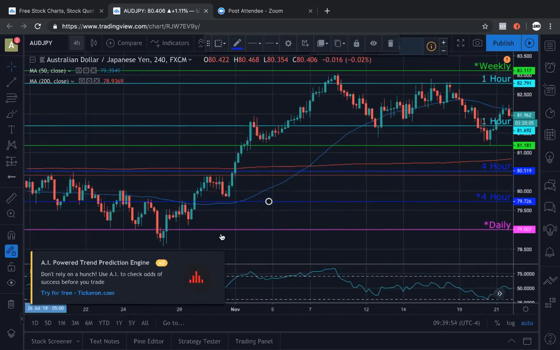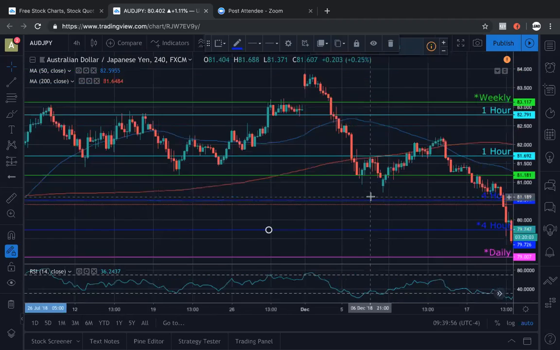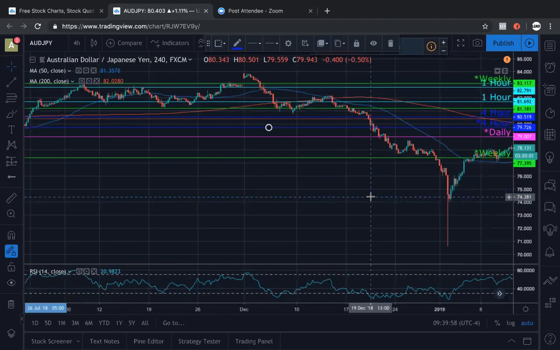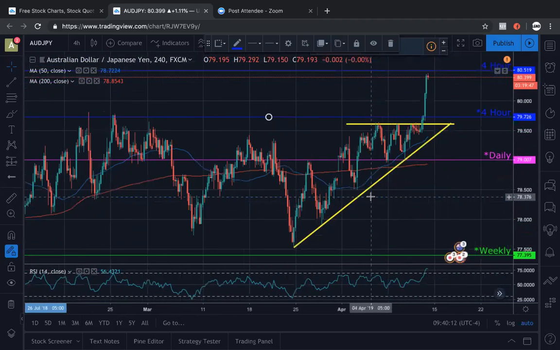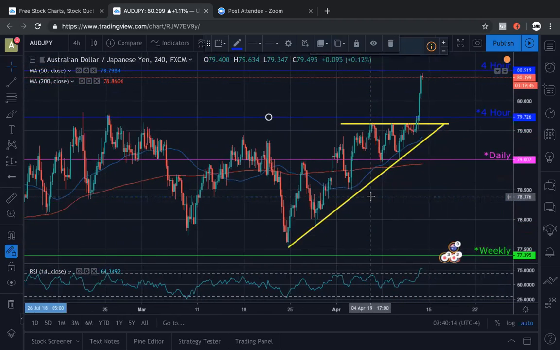So at the 4 hour, this is where I like to actually look at the prevailing trend. And you want to pay close attention to this. When you're trading, they always say the more successful traders always look at the prevailing trend if you're looking to take a position. So when you're looking at a trend, and this is where I messed up, because I knew the prevailing trend was uptrend.